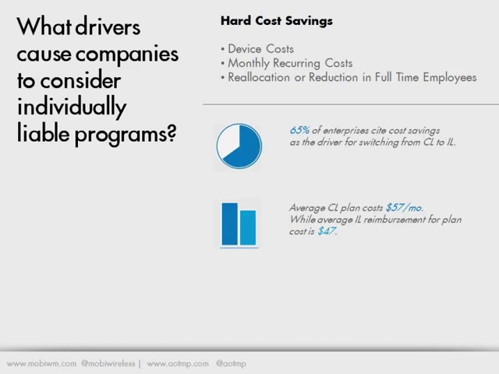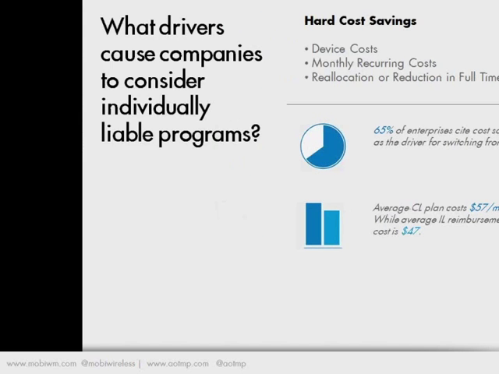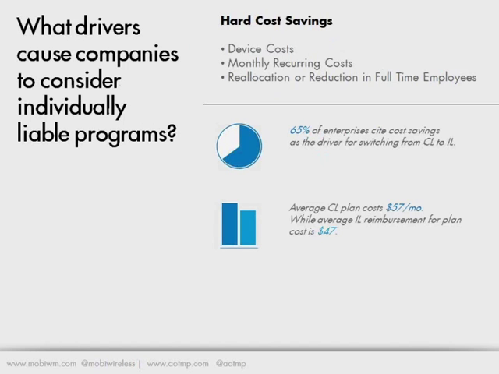And in addition to that, in thinking about the dollars and pennies that are being spent on the services themselves and the wireless plans, the average corporate liable plan is around $57 per user a month, while individual liable reimbursement plans are around $47. Just simply using that and multiplying it out by the number of users you may have in your organization, there could potentially be a lot of savings.